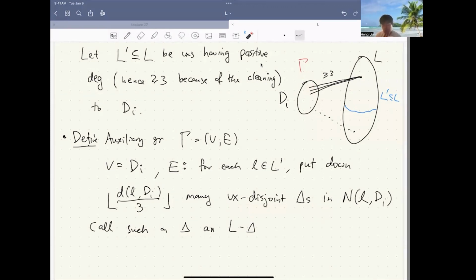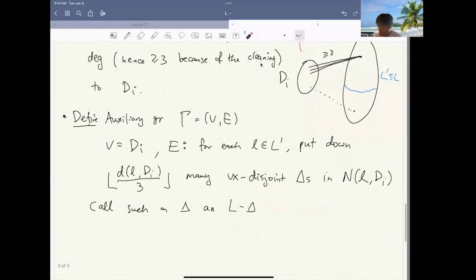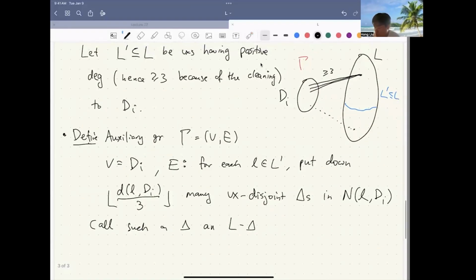Now what do we do? First, observe that the collection of L triangles is edge disjoint. For example, you can think of the vertices in L prime as having colors.